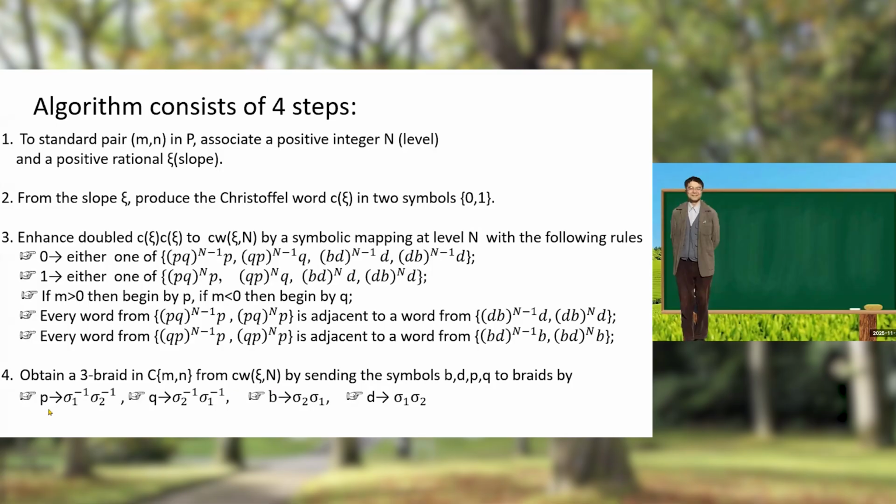Then finally, each of P, Q, B, D is associated to these explicit 3-braids. Then we obtain the Lissajous representative of the Lissajous class for the pair m and n.